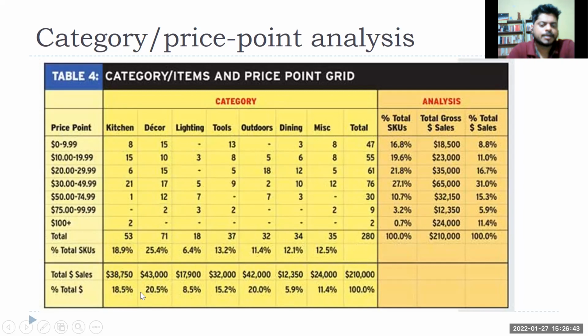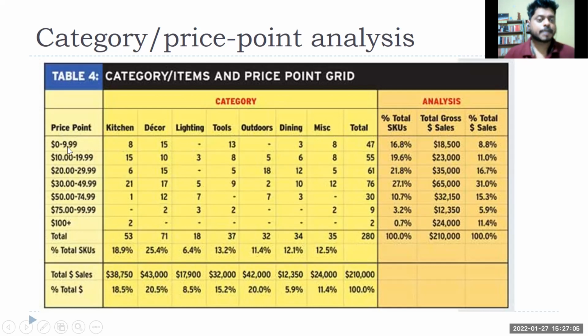Room decor items and outdoor items are the two most important categories for me, followed by the kitchen items, which are again close to 20%, at 18.5%. These are the three top categories where products are being sold, so I should focus on them.